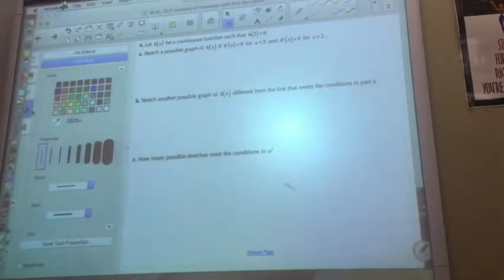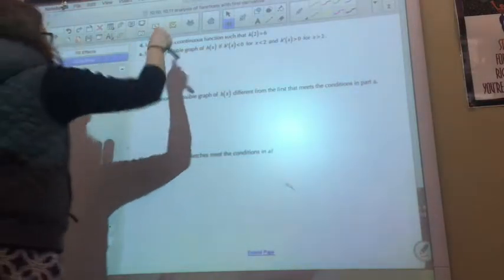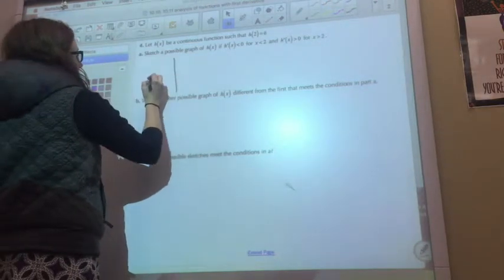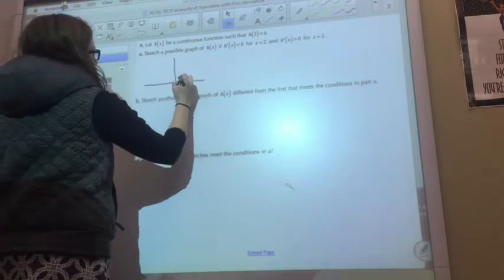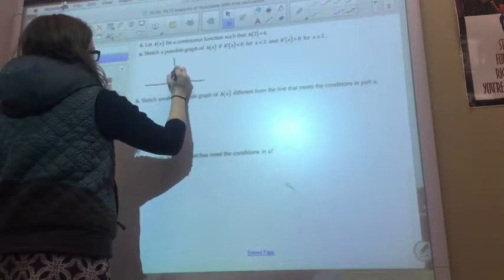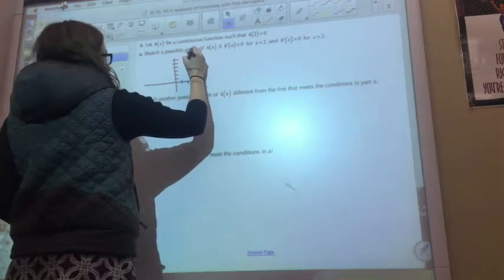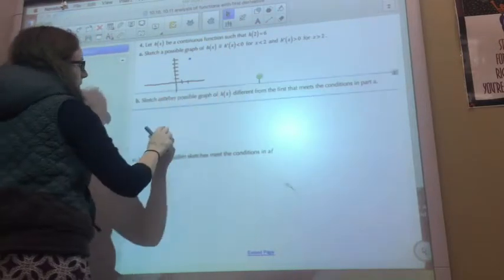So A says sketch a possible graph of h of x if h prime of x is less than 0 for x less than 2, and h prime of x is greater than 0 for x greater than 2. Sarah, what did you start by graphing? I graphed the point 2,6 first. Okay, here's my point 2,6, got it. And then what'd you do?